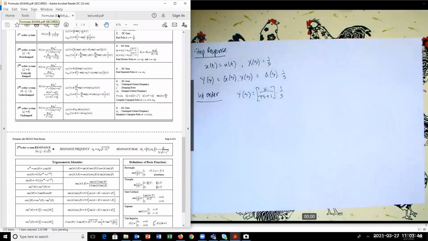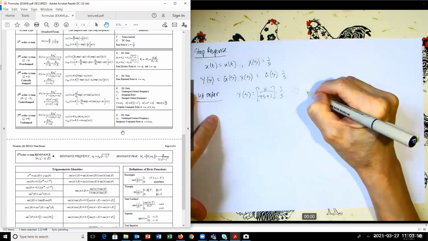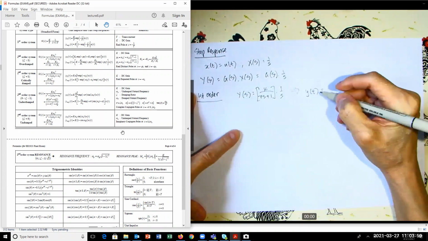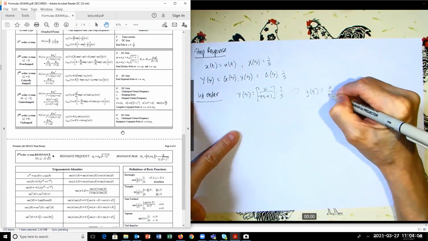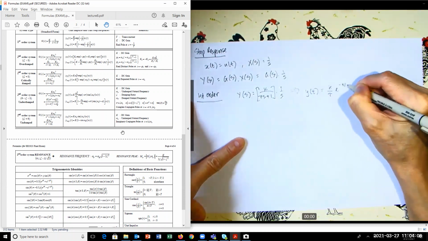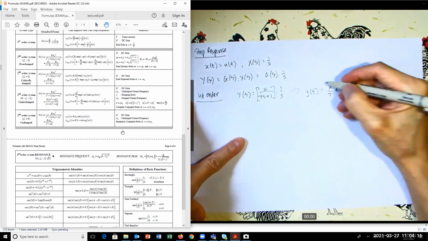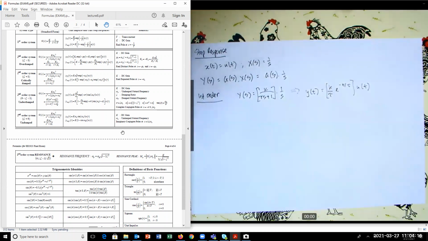If you do that, you will find that your step output y(t) will be this. Oh, is it K over tau?